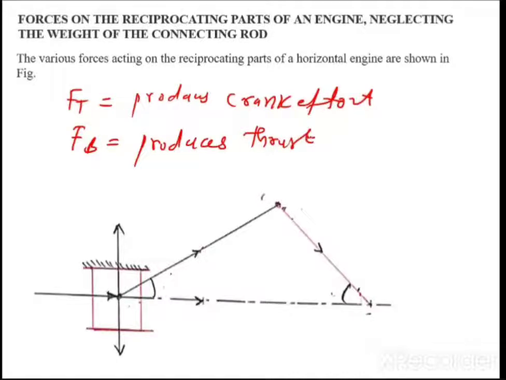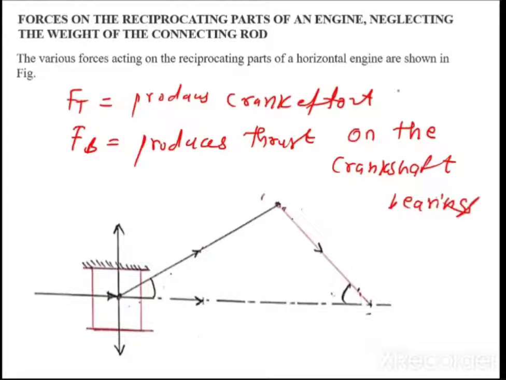Thrust is one type of force. So Fb produces a thrust on the crankshaft bearings. A crankshaft is a rotating element, so obviously it is connected with the help of a bearing. Fb produces thrust on the crankshaft bearing, and Ft produces crank effort, or you can call it a torque.